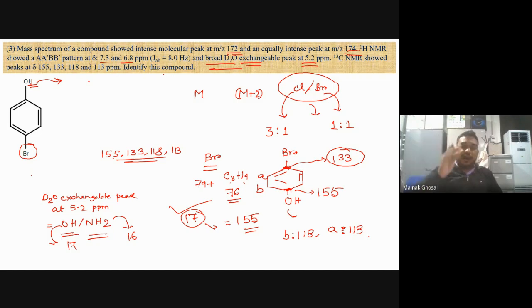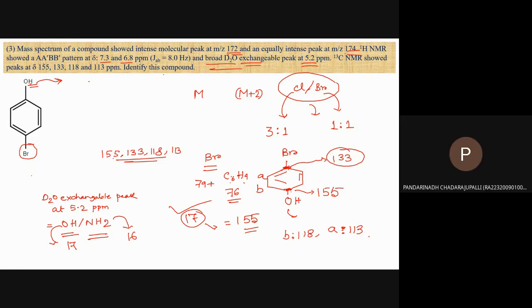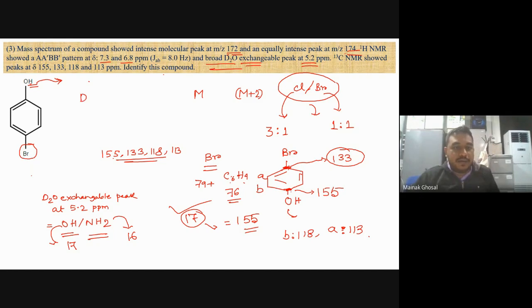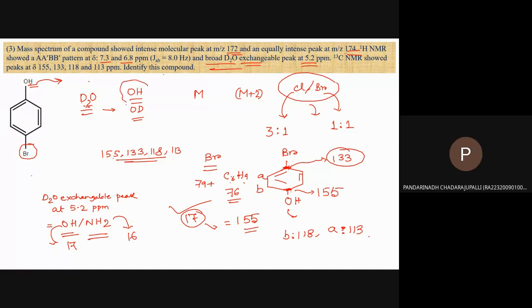Because this hydrogen cannot be easily detected, as it is regularly interconverting with the solvent, so fast you cannot even imagine. So how can you detect it? You need to use D2O. You will get something with OH and something with OD. From there you will be able to say whether the D of D2O is incorporating in the molecule or not. This is called D2O exchangeable. You got it? Yes, sir. Okay, thank you, sir.